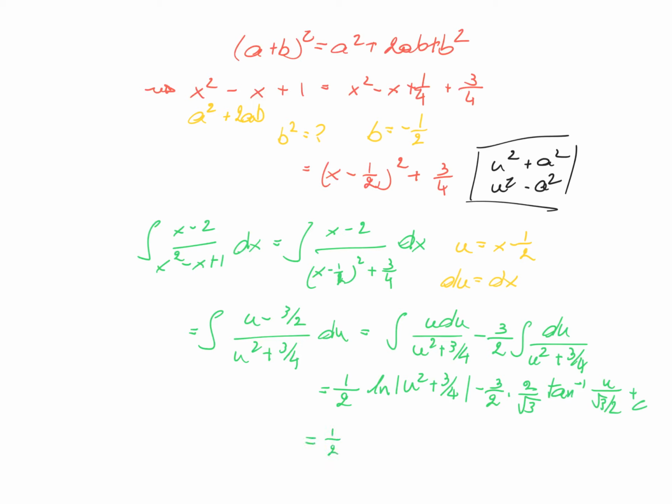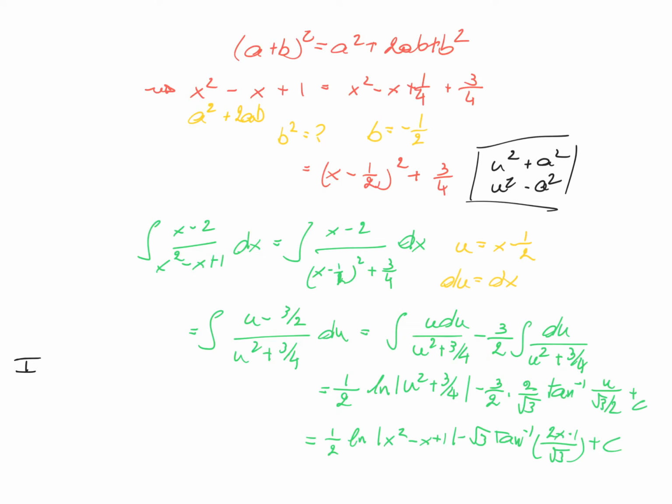So it's 1 over 2 times the logarithm of x squared minus x plus 1 minus root of 3 times the inverse tangent of (2x minus 1) divided by root 3 plus a constant. And then as a last step you have to plug it into the original integral, the black integral on the previous slide.